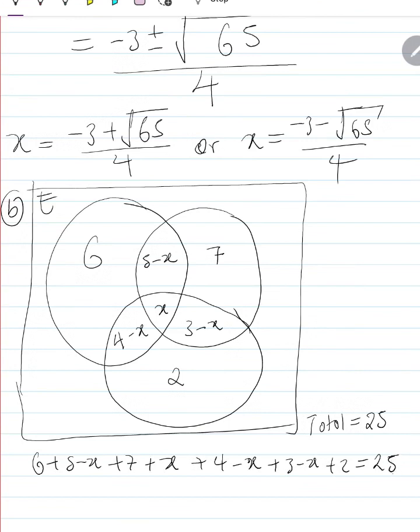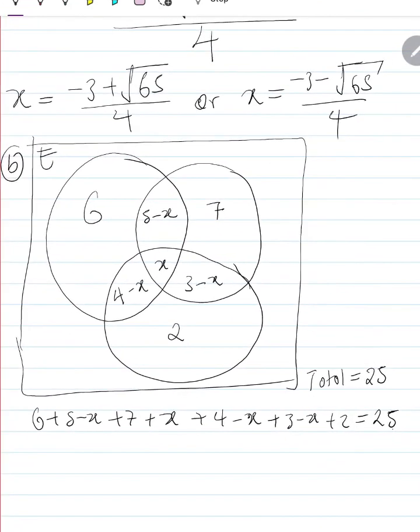Okay, so your next task is to group like terms, the x's, they add and cancel, and then solve for x. Okay, let me just do it quickly. So this x and this x cancel. This x and this x, you have minus 2x, because you have minus x, which is minus 2x.